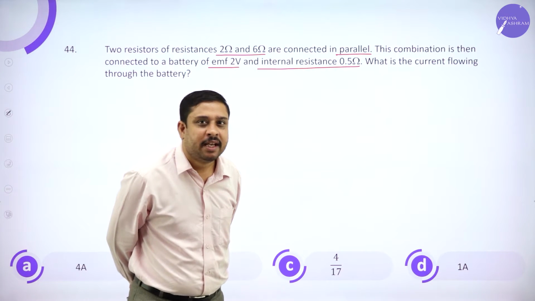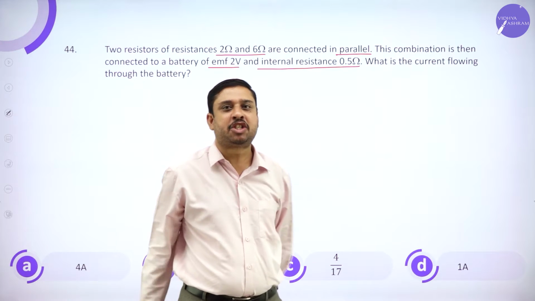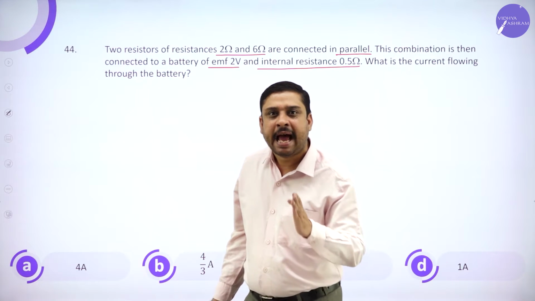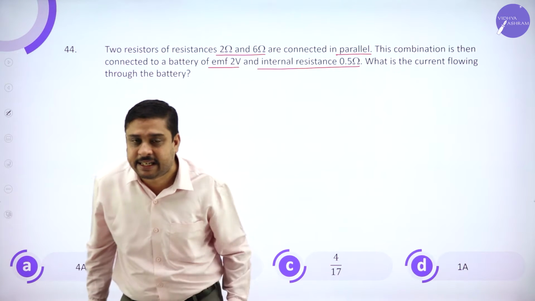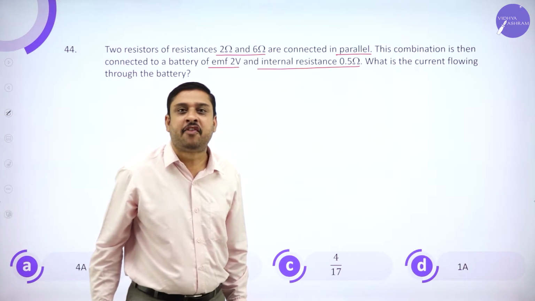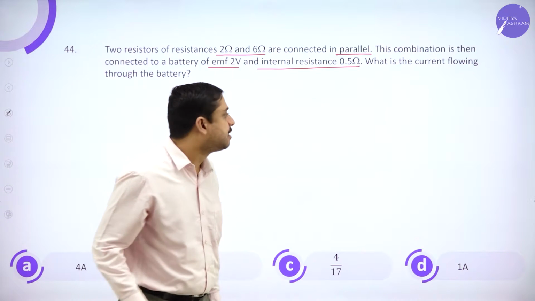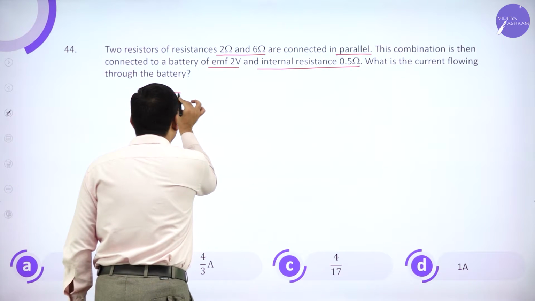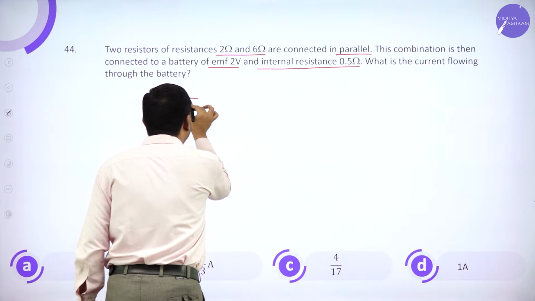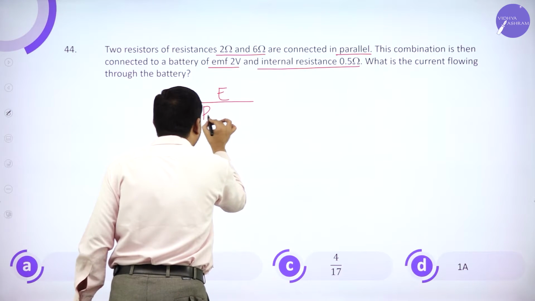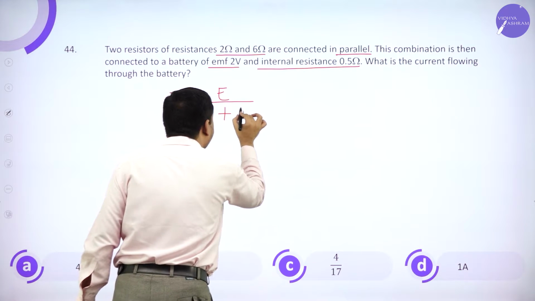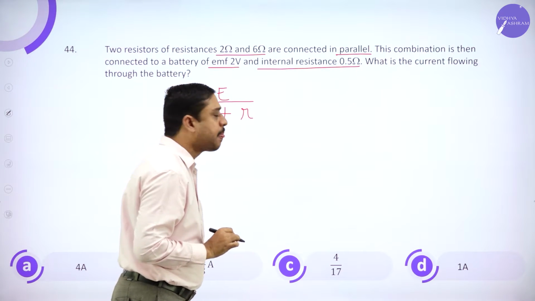My dear students, in my previous sessions, if you have followed, I have written an expression for current in terms of EMF and resistance. So, current is EMF divided by R plus small r.